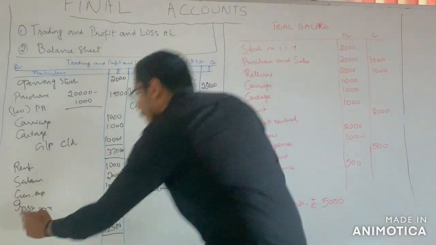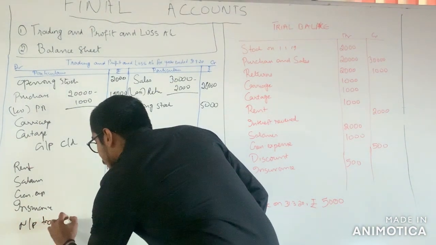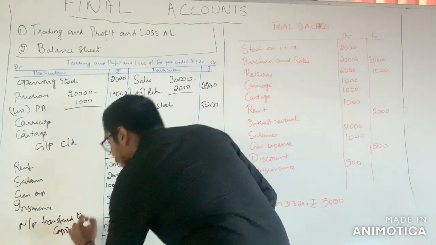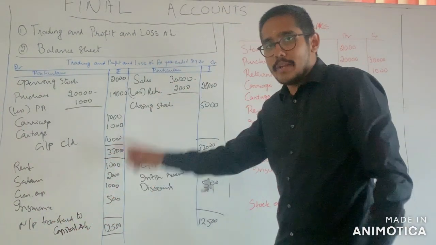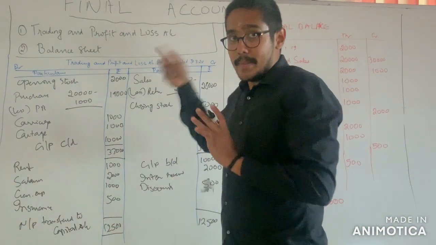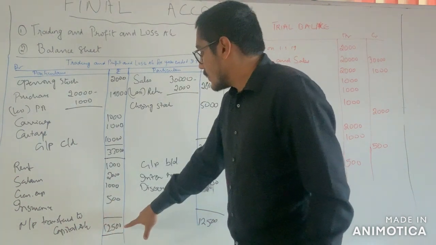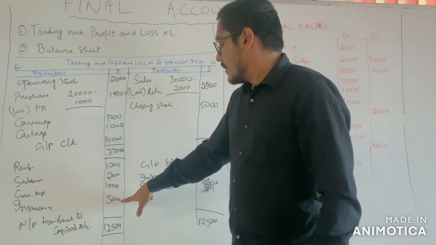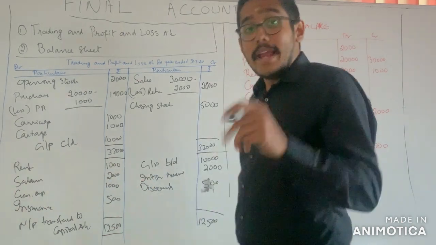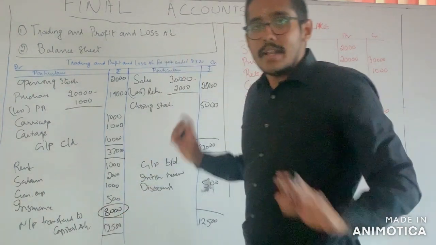So, net profit transferred to capital account. This net profit is going to be taken to the balance sheet and added to the capital on the liability side. What is the net profit? 12,500 minus 500, 12,000, 11,000, 10, 9, 8. So, 8,000 is the net profit.